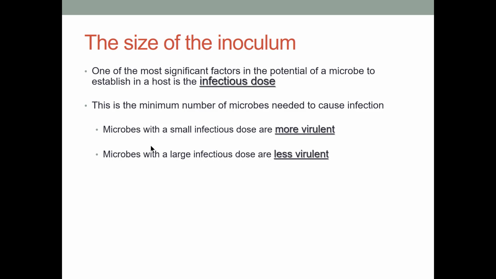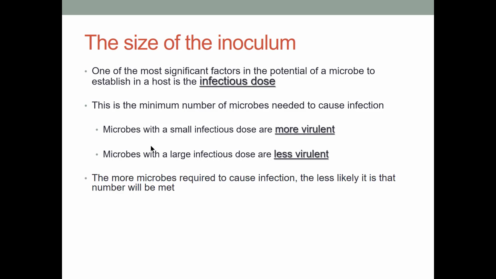We might actually be exposed to foodborne pathogens in small doses pretty commonly, and you don't normally get sick. But if all of a sudden you eat undercooked food or food that was, say, prepared on a contaminated surface, and now you're swallowing millions of those cells, you're going to probably get sick because the body is sort of overwhelmed with the dose.